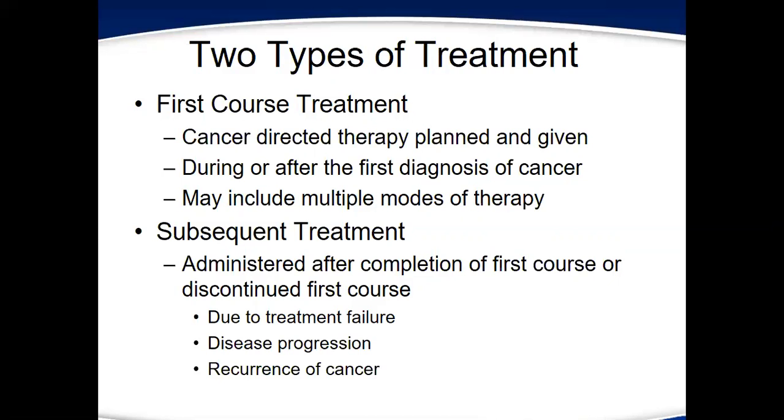So a patient that is diagnosed with breast cancer, they have surgery, they have their radiation, they complete hormone therapy, and 5 years later, they're disease-free, and then the next year, they end up recurring with their breast cancer, let's say to the bones, then they start treatment again. That would be subsequent treatment. Sometimes subsequent treatment can be soon after their first course treatment is over or years later.